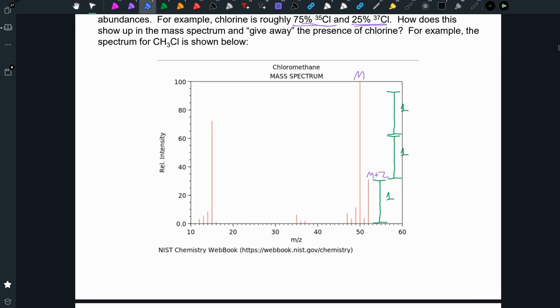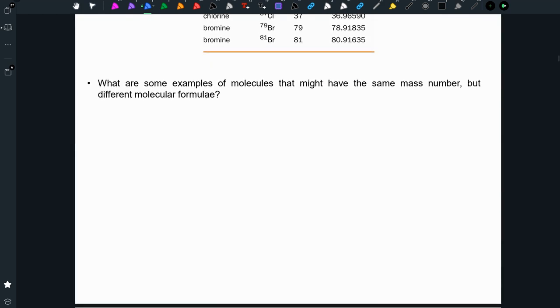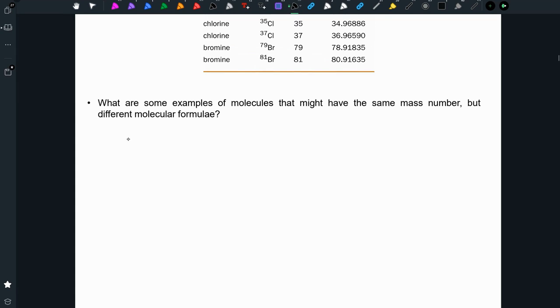All right. And using all those isotopic ratios, we've figured out how to read these spectra and get a very good idea of what the molar mass of the compound is. You might say, okay, molar mass, but there are different ways to come up with the same molar mass. So, for example, you might have a formula of C4H10.